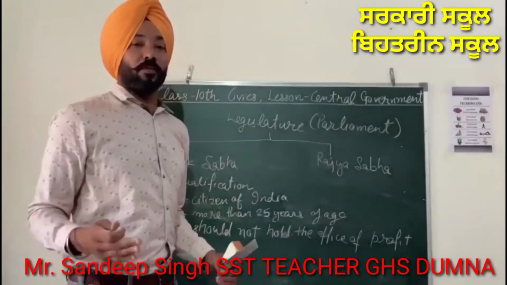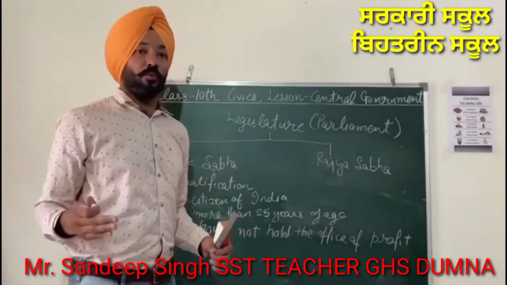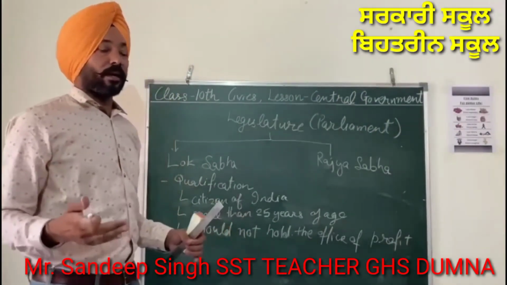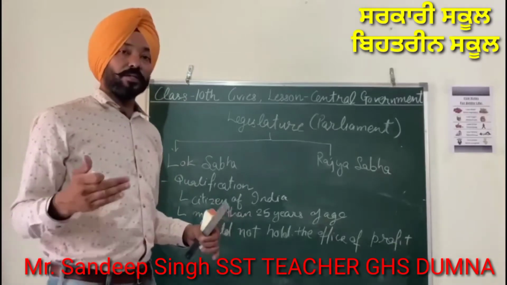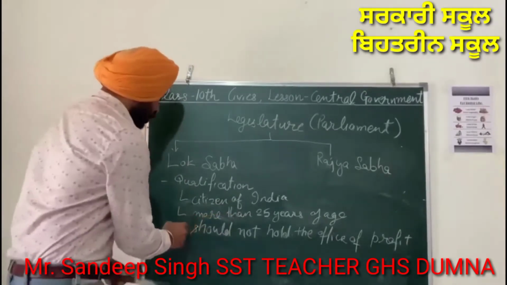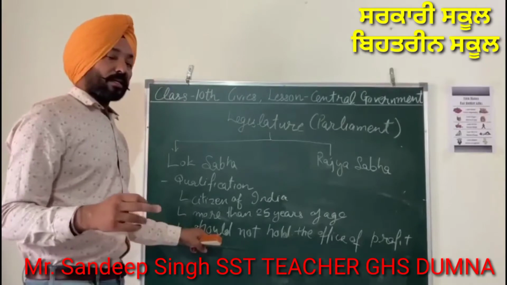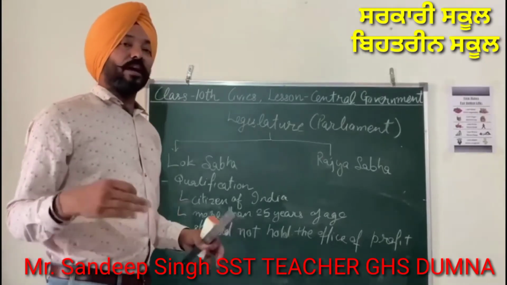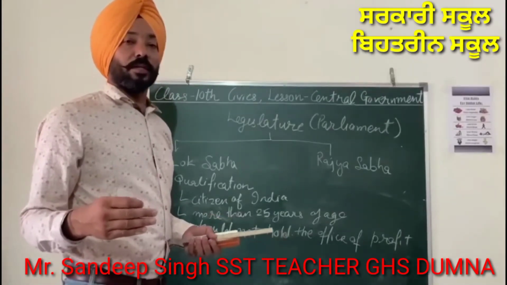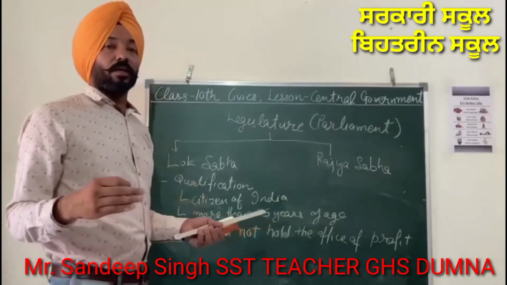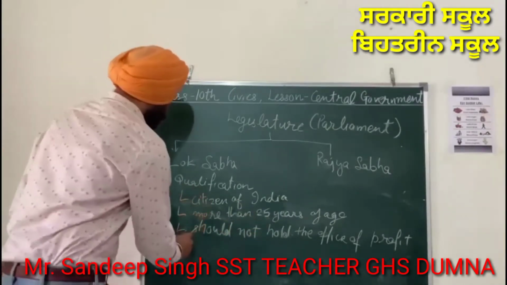A member of Lok Sabha should not hold the office of profit in any state government or central government. In Punjabi, he should not be working at any office of profit, whether under the state government or the central government.